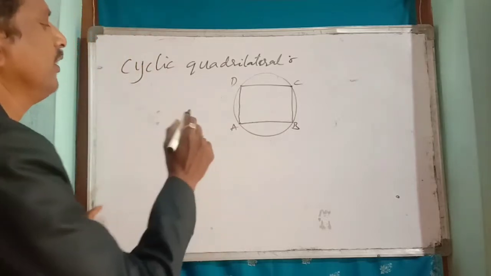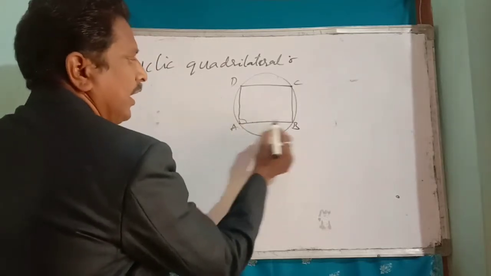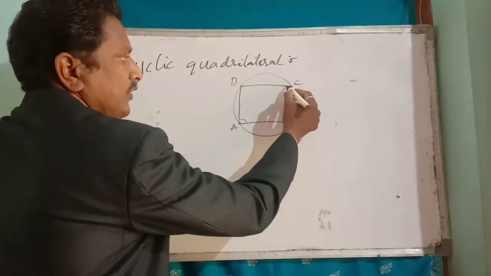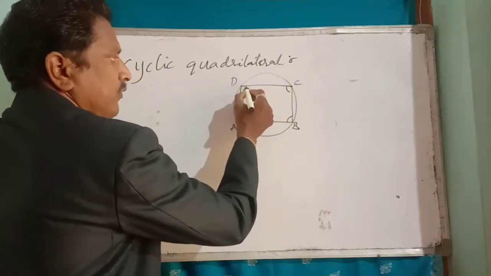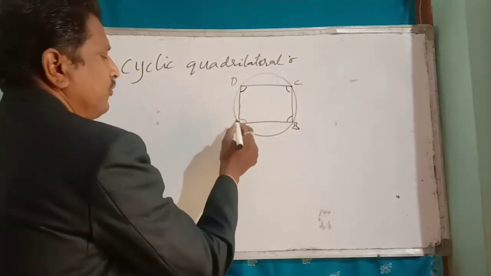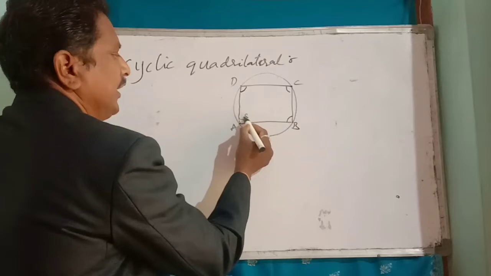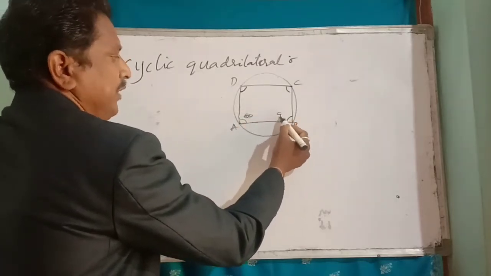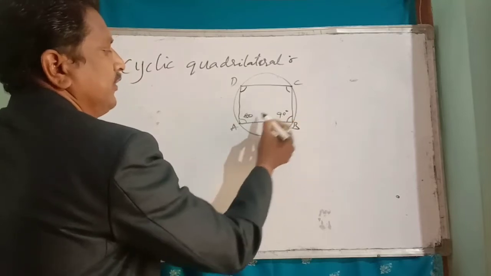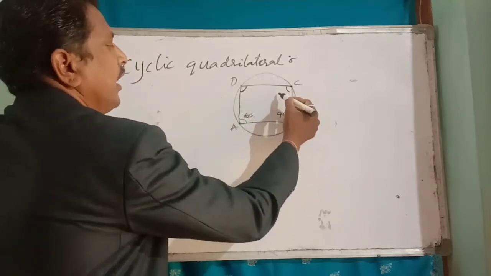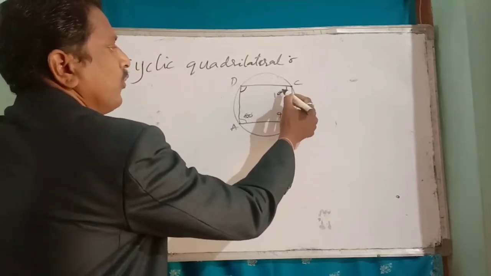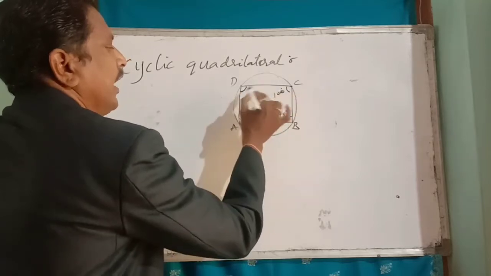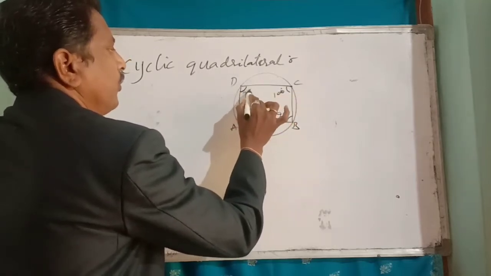Now, measure the angle of A, the angle of B, the angle of C and the angle of D. Suppose angle A equals 80 degrees, angle B equals 90 degrees, angle C equals 100 degrees and angle D equals 90 degrees.